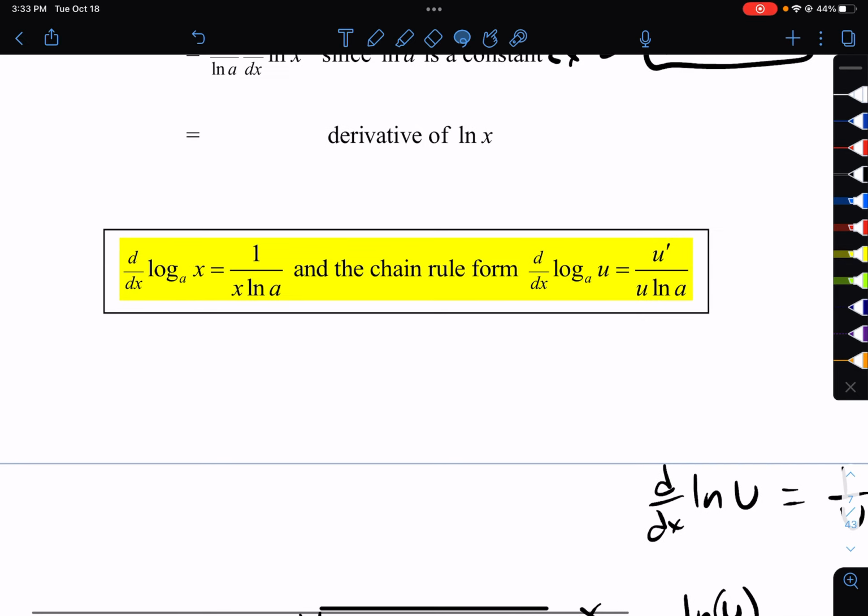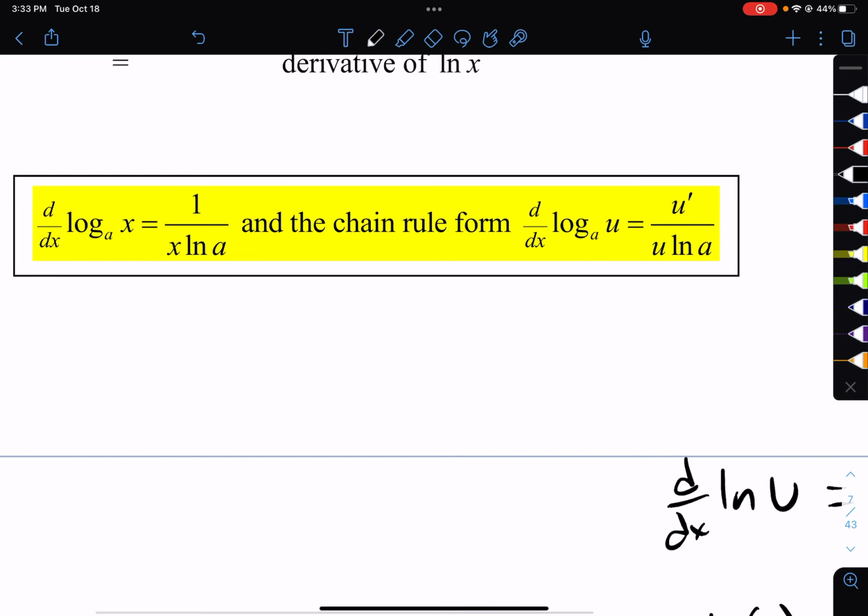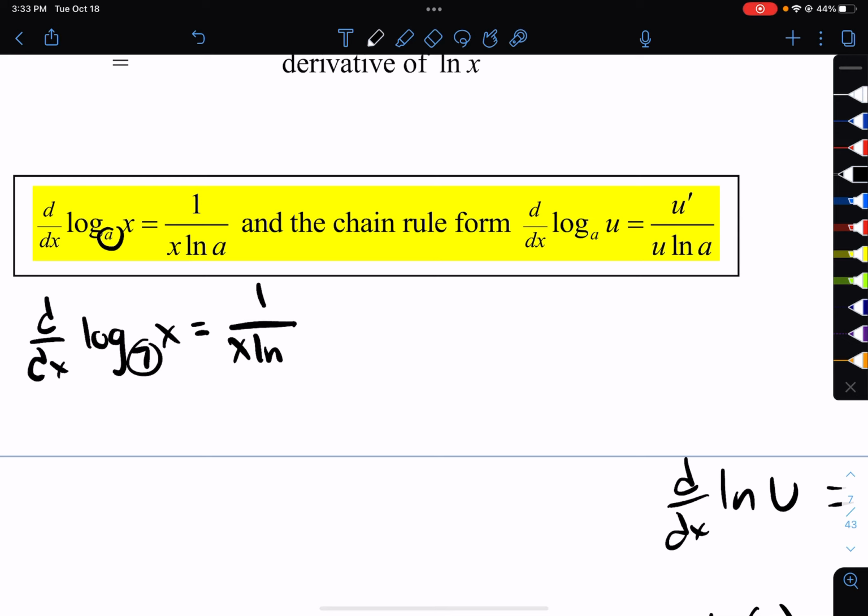Okay, log functions. We don't do derivatives of these very often, but it does happen. So if I had something like take the derivative of log base 7 x, and it wants me to take the derivative of that, it gives me a formula. It says 1 goes on top, on the bottom goes the x, and then I do the natural log of whatever a is, whatever this number is.